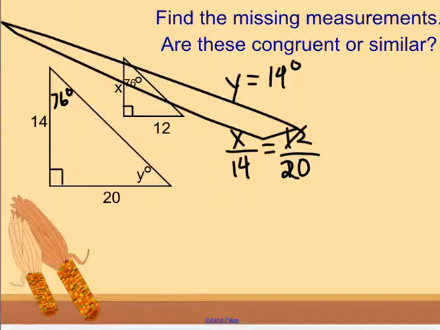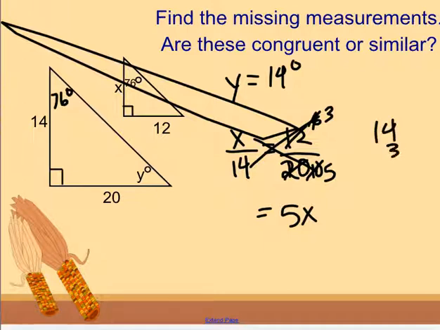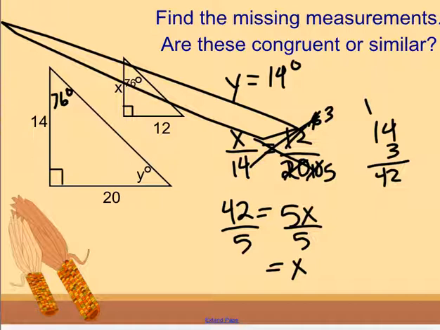We can simplify to 6 and 10, then 3 and 5, and cross multiply to get 5x is equal to 14 times 3, 42. When I divide by 5 to find my x, I get 8.4. 8.4 is going to be that side length using my ratio.